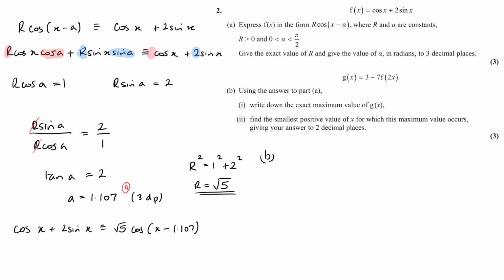Now, looking at part B, it says using your answer to part A, write down the exact maximum value of g of x. Well, the maximum value of f of x is going to be, looking at this, obviously when cos is 1 gives me the maximum, so root 5 just for f of x.